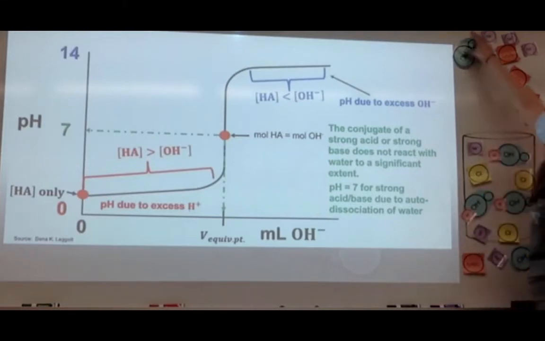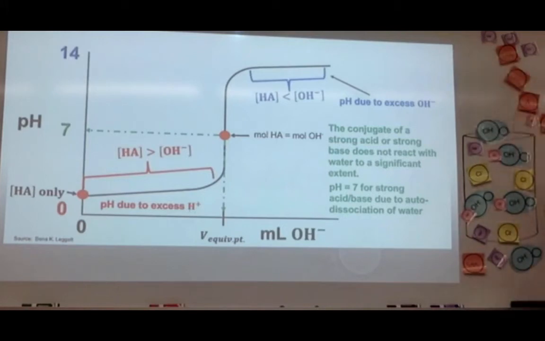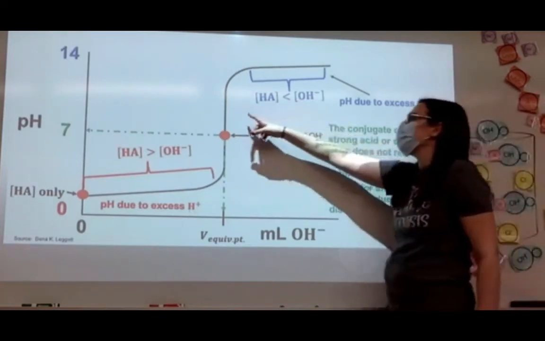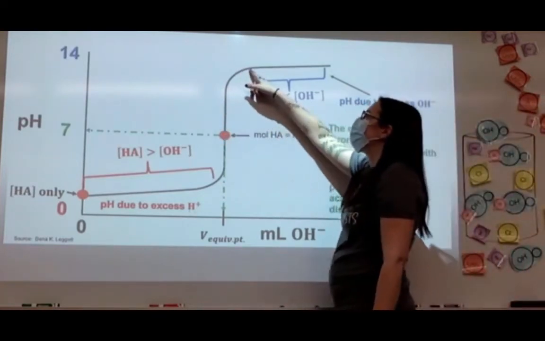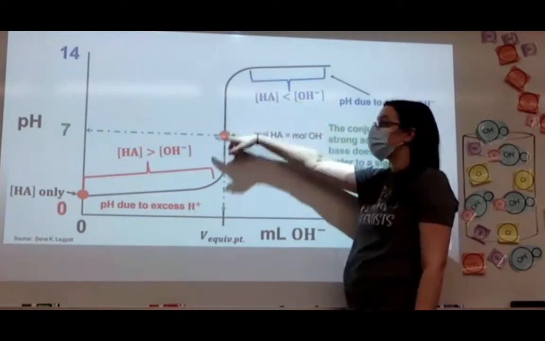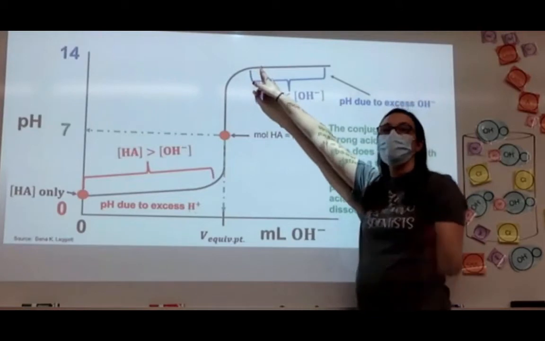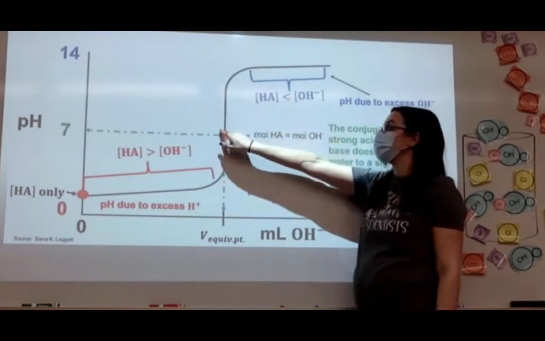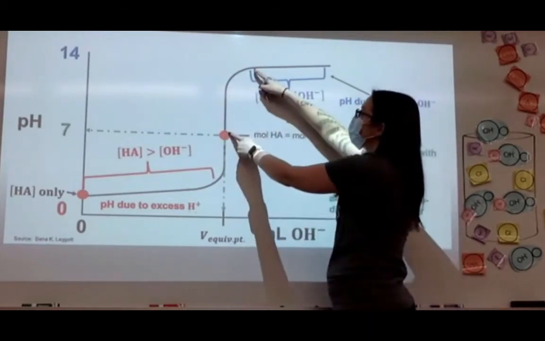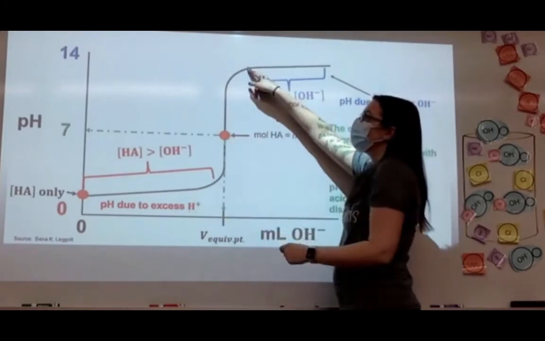But if I add one more OH minus, there is nothing to neutralize that OH minus. So as soon as I add one more OH minus, now I'm all the way up here. That's why the pH jumps so much. If you're in the lab and you're doing this, the jump from the equivalence point to here is 1 drop.